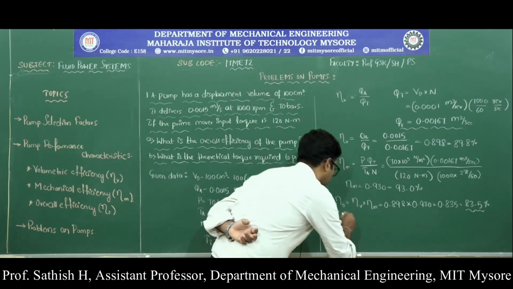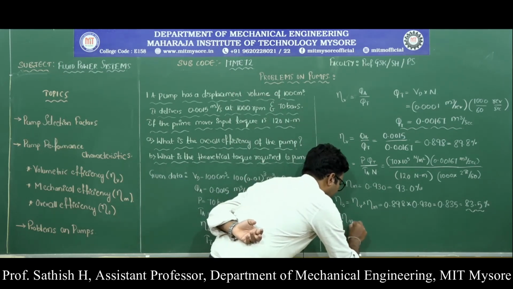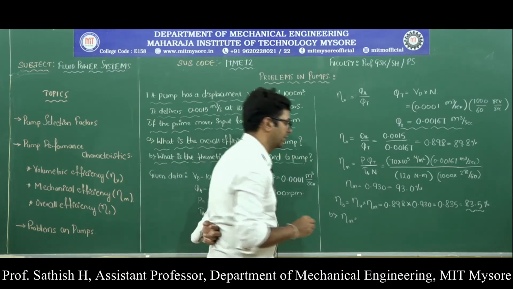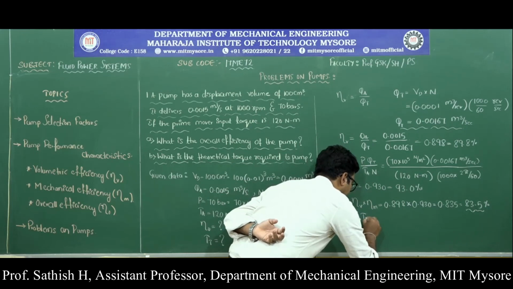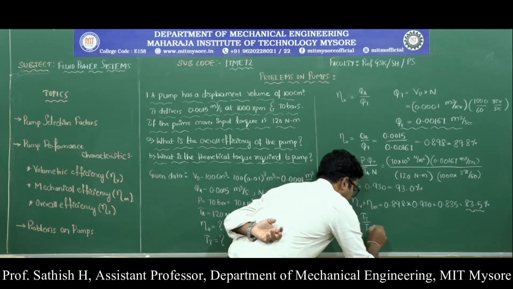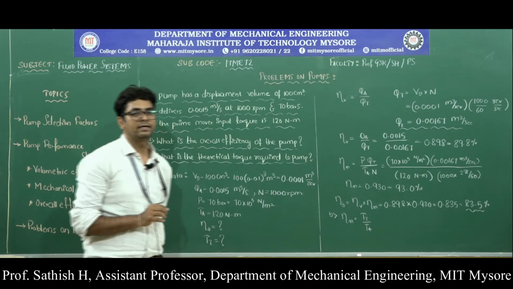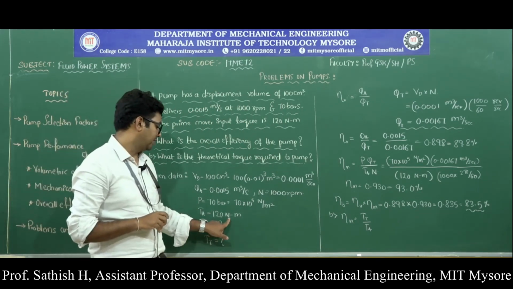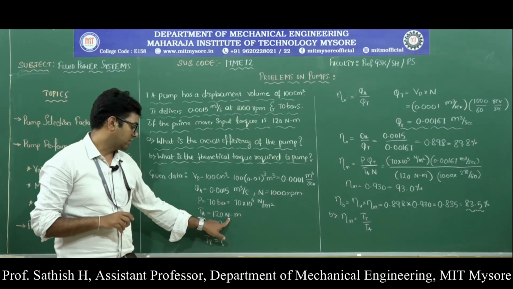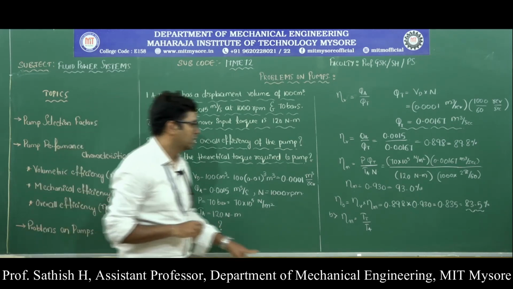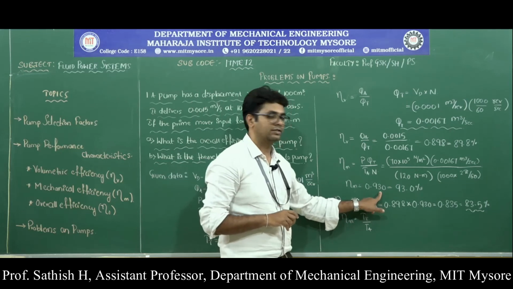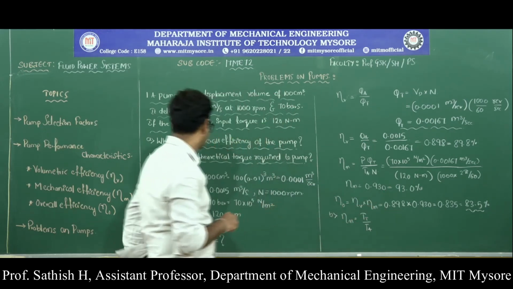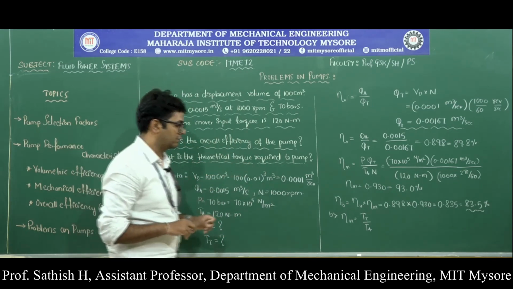We know that the mechanical efficiency, nu m, can also be written as theoretical torque divided by the actual torque, that is T divided by TA. What is given to us is the actual torque here, that is 120 Newton meter. We know the mechanical efficiency, that is 0.93. By simplifying this, we will get the theoretical torque required to drive the pump.